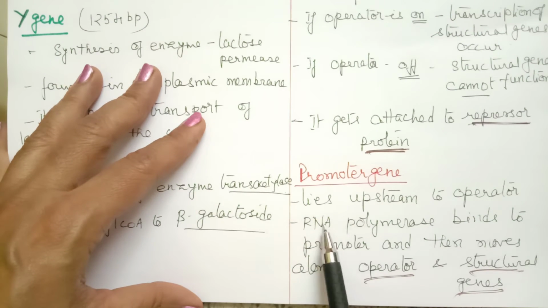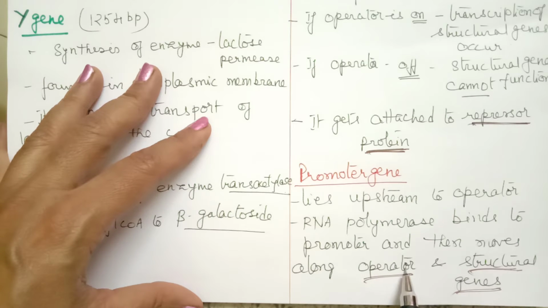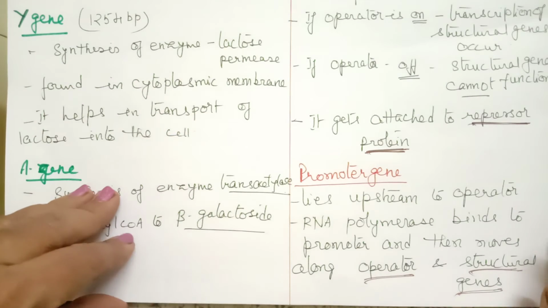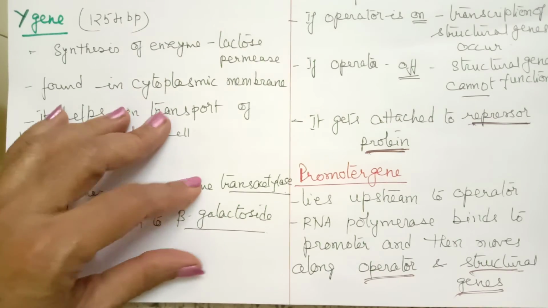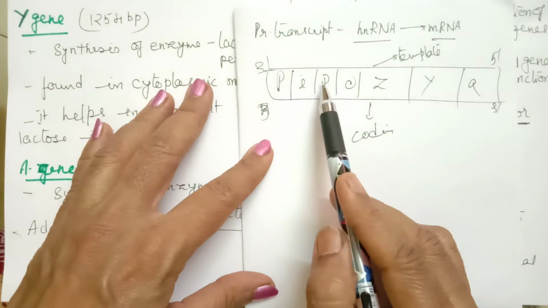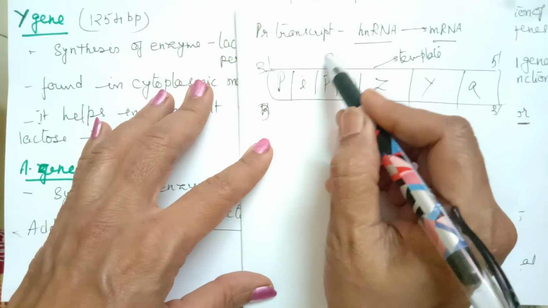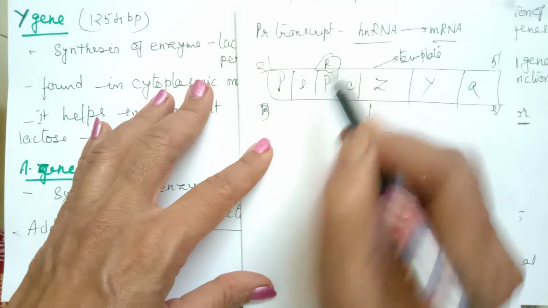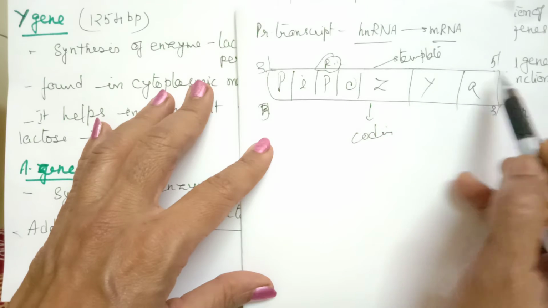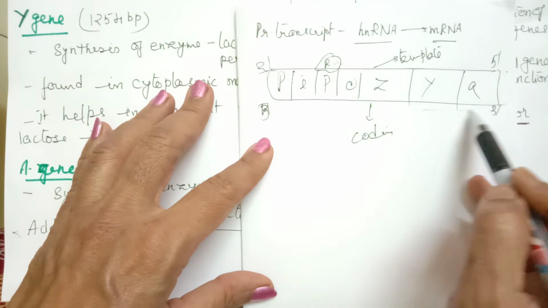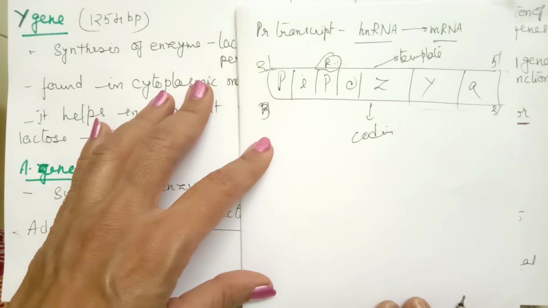And its function is RNA polymerase will bind to promoter and then move along operator and structural genes. So if this is the promoter, the RNA polymerase will bind at this place and then it will move along, finally transcribing the structural genes.